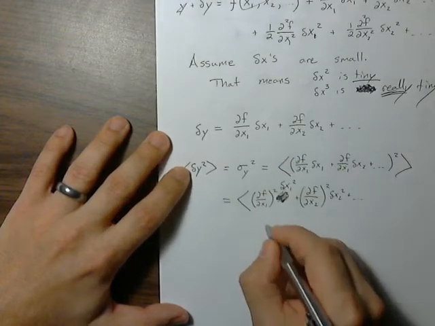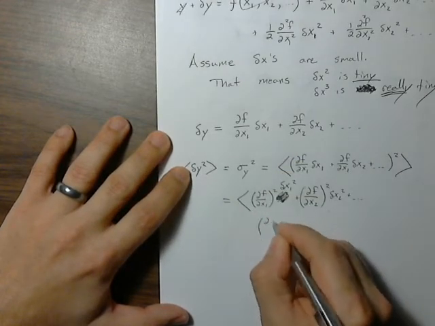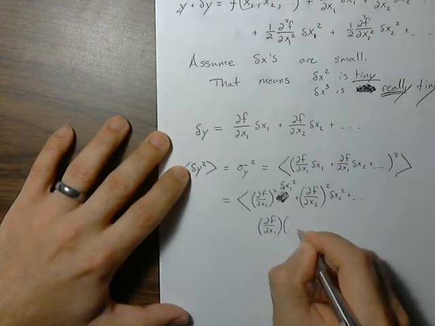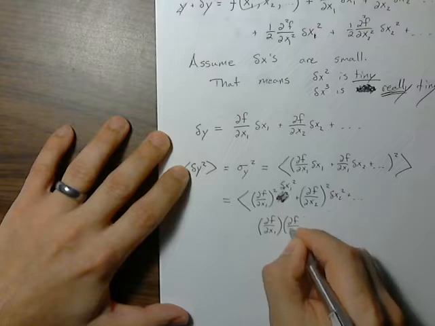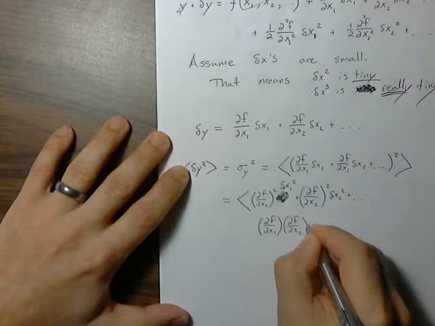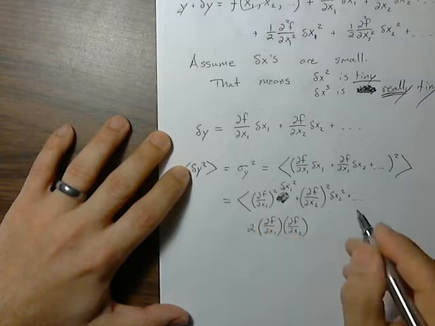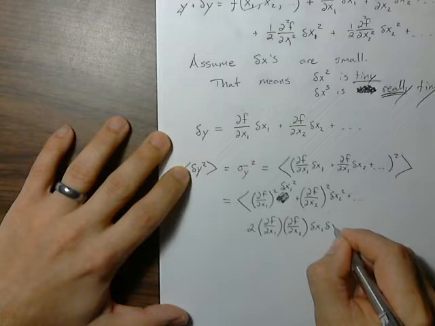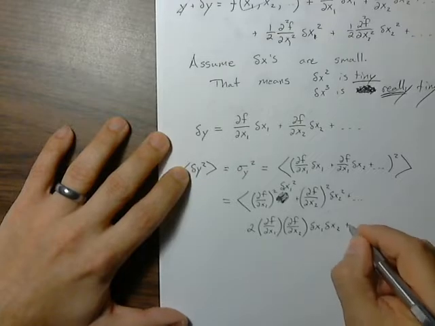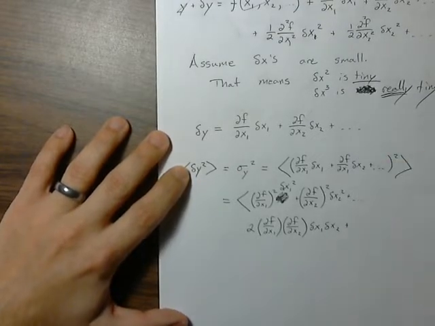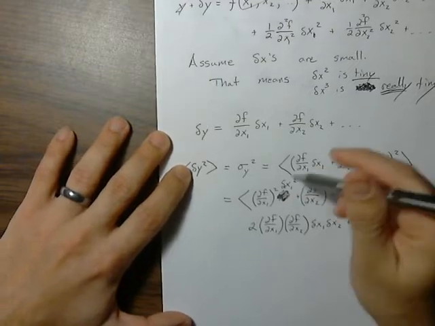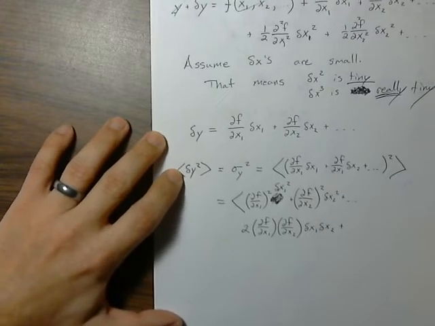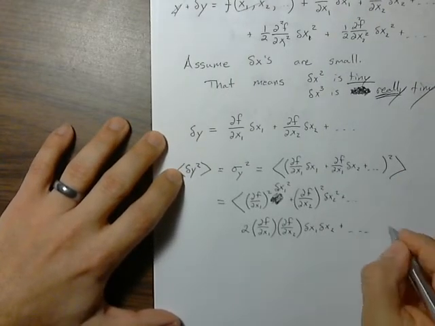So for example, we will also have a term that looks like this. And there will be two of them. And there will be many more, but for all the other terms that we haven't written here. So there'll be an x1 and an x3 and an x1 and an x4 and yada, yada, yada. And it goes on and on. Dot, dot, dot.